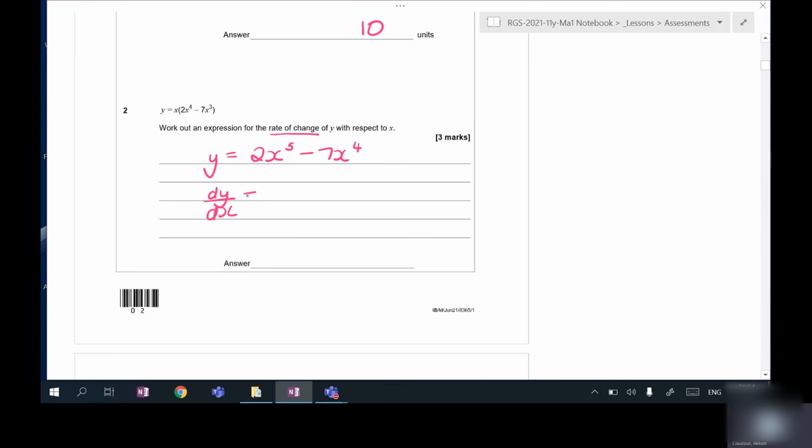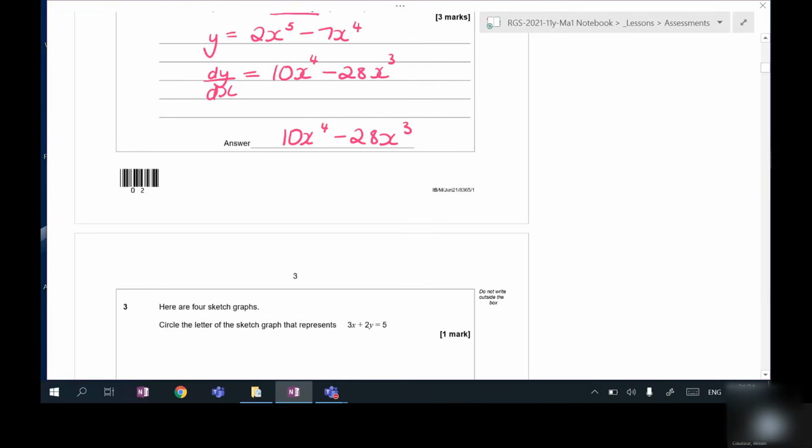I'm then going to differentiate to find the rate of change, because remember, rate of change is another word for gradient. I'm going to bring the power to the front and take 1 off the power. So that's my answer, 10x to the 4 minus 28x cubed.